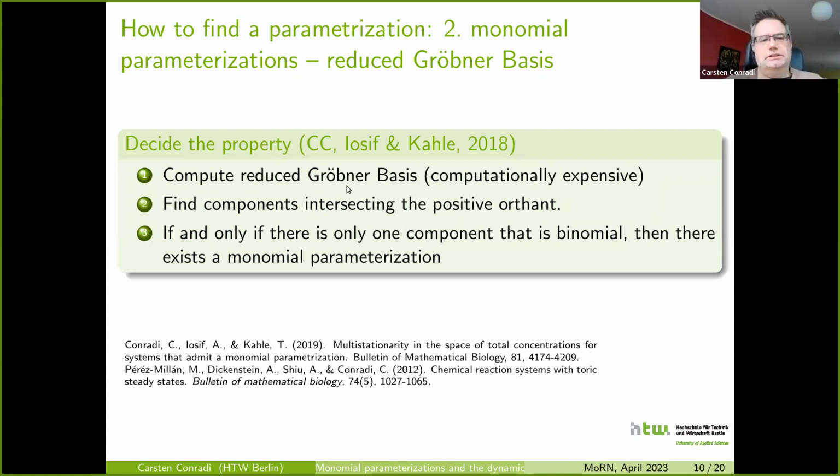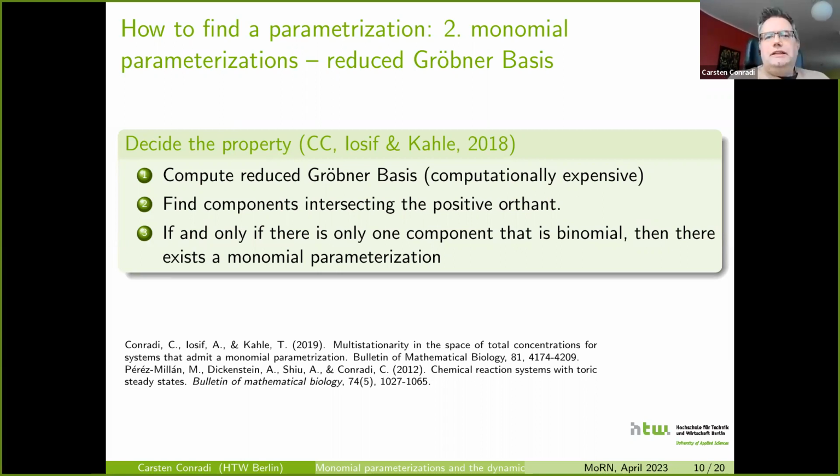It will consist of several components. We look for the components that intersect the positive orthant, and if there is only one component, and if this special component is binomial, then there exists a monomial parameterization. So there is a definite way to decide whether or not this exists. However, this is computationally expensive, and I rarely proceed this way.